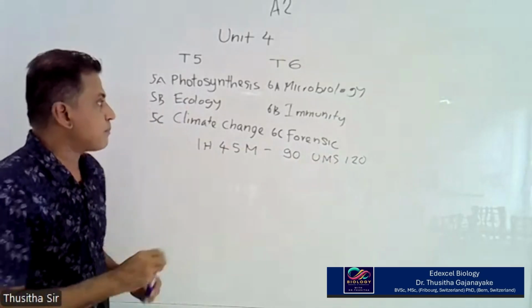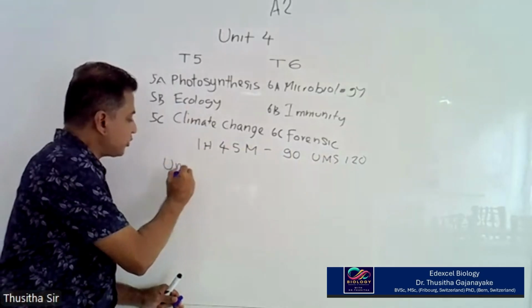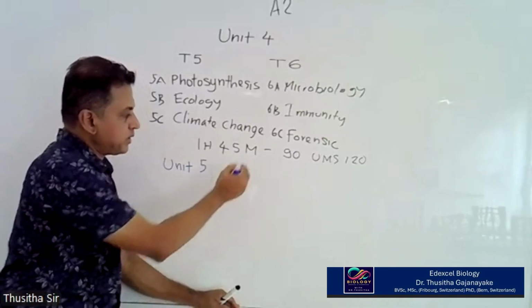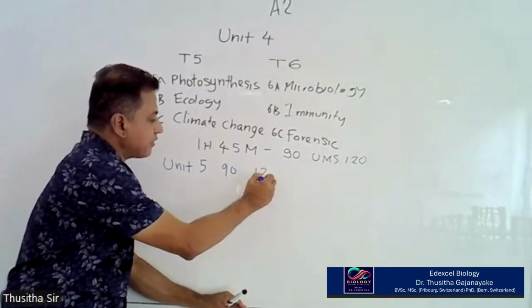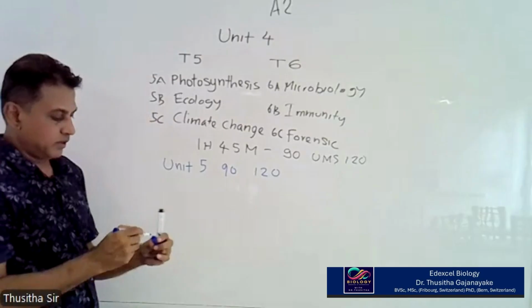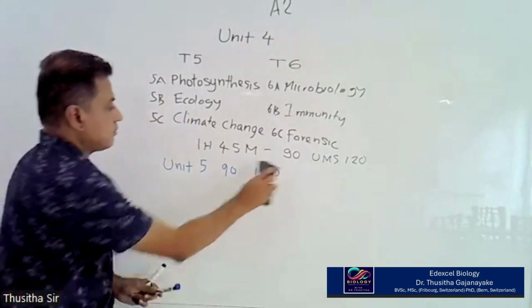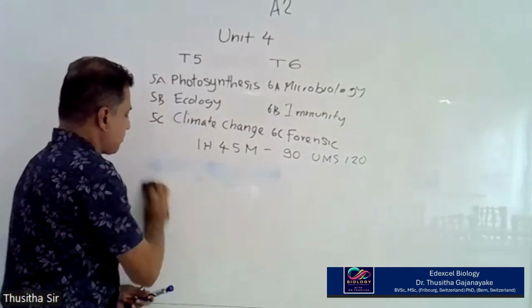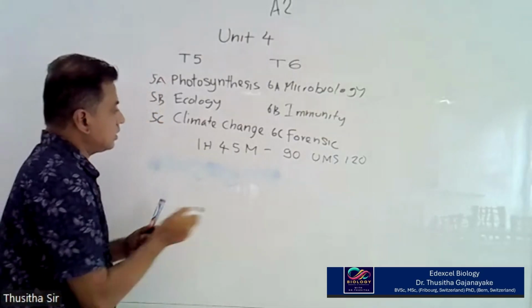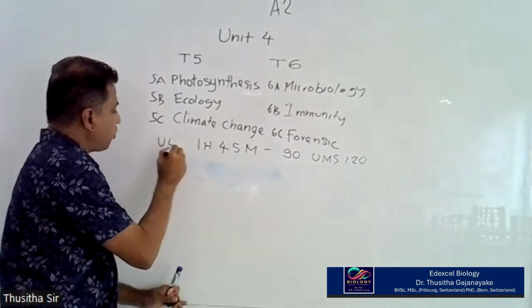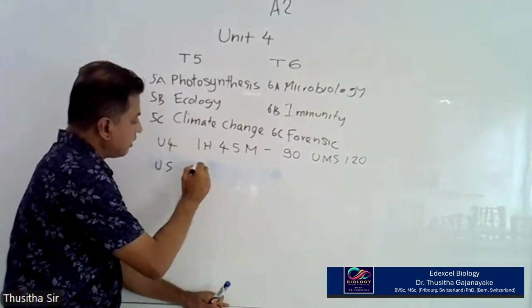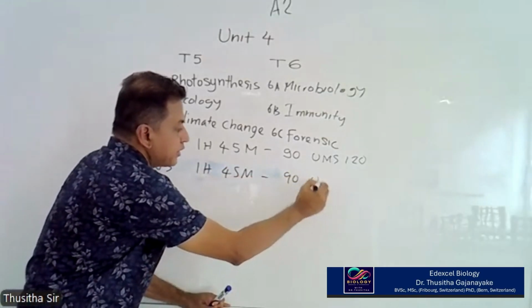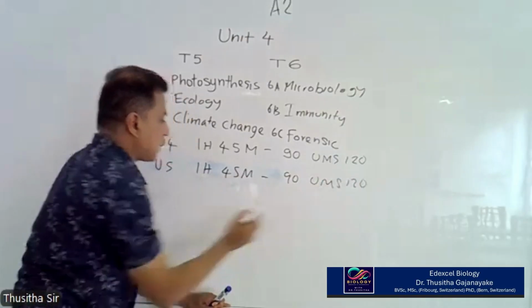Unit 5, again 1 hour 45 minutes, 90 marks and UMS 120.